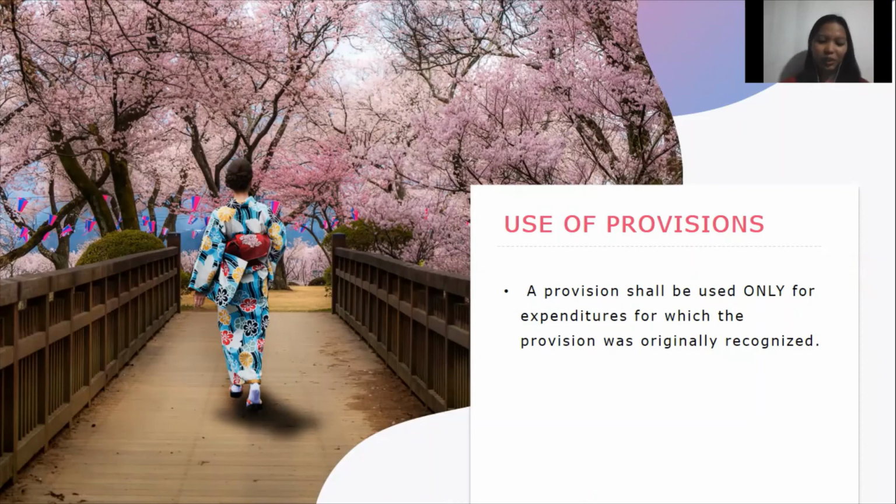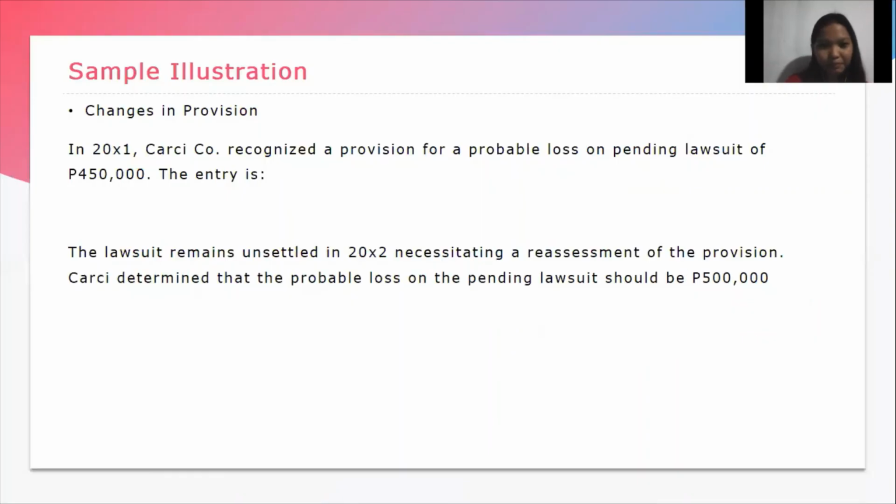Yung insurance ng contents ng warehouse is hindi natin pwedeng gamitin para sa expenditures dun sa loss on exposure. Hindi daw yun pwede, sabi ng standard. So, yung insurance ng contents is para dun sa contents lang na nadamay dun sa loss on fire natin.